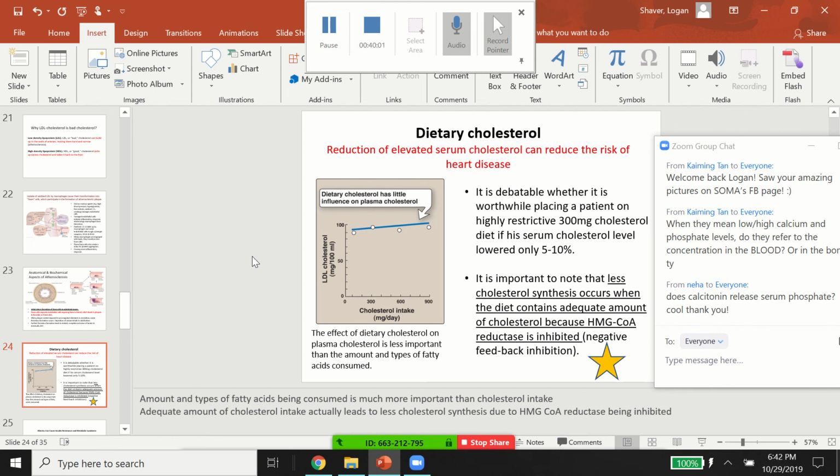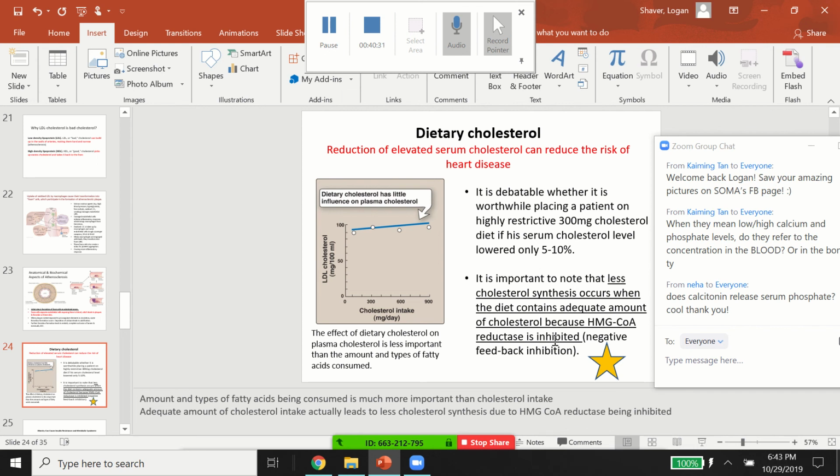Dietary cholesterol, right? So this talks a little bit about it, and the only thing I thought was kind of important, I don't know if she really asked about it or not, or I thought it was super neat. Sometimes I confuse those, but she did say important to note. Anyway, less cholesterol synthesis occurs when the diet actually has an adequate amount of cholesterol. And why is that? Because it actually inhibits HMG-CoA reductase.